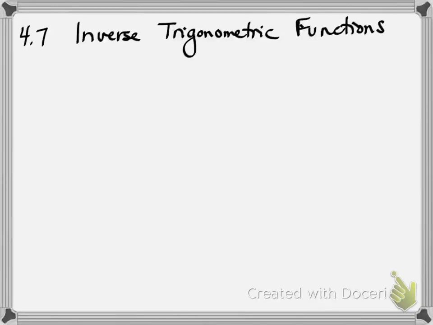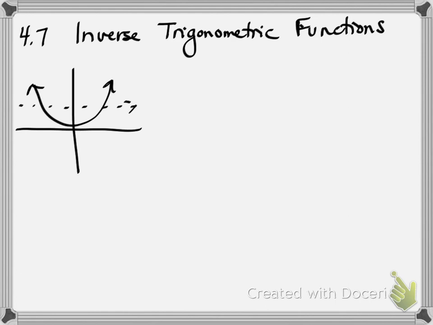Okay, so I wanted to start talking about 4.7, inverse trigonometric functions. Let's first remember how we could tell if a function had an inverse. The square root function didn't have an inverse because it failed the horizontal line test. So to get around that, did I say square root function?